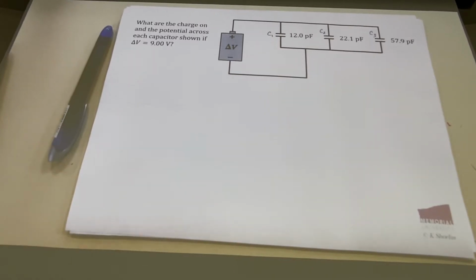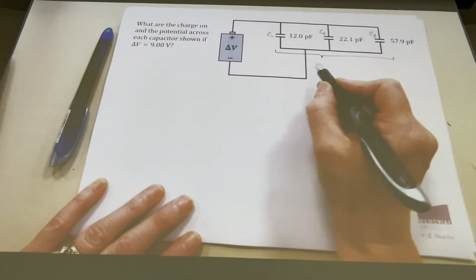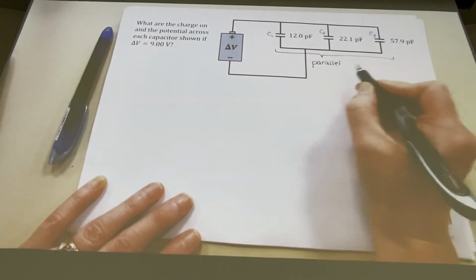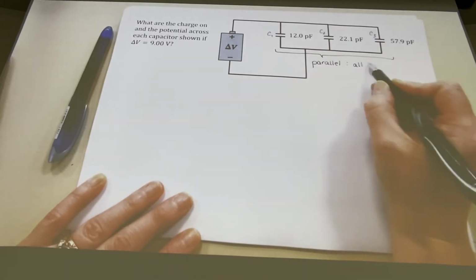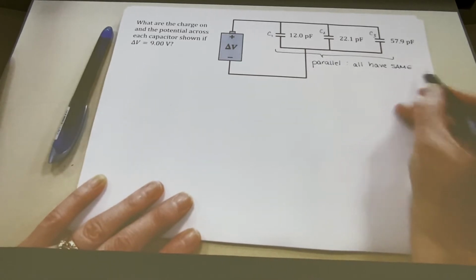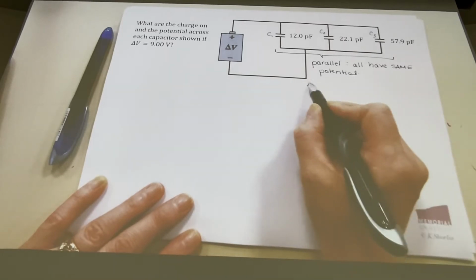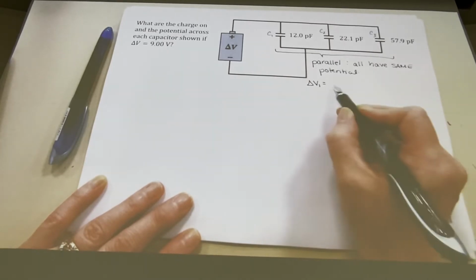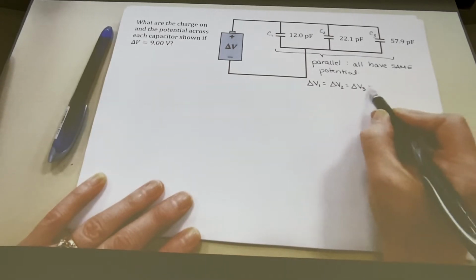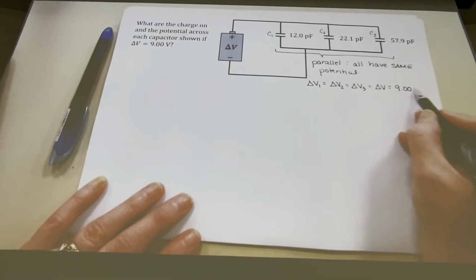Right off the bat, when we see things connected in parallel, we know that they have the same potential. So delta V of capacitor 1 is equal to delta V of capacitor 2 equals delta V of capacitor 3 equals delta V of battery, which was given as 9 volts.